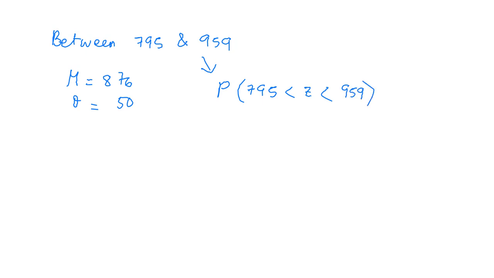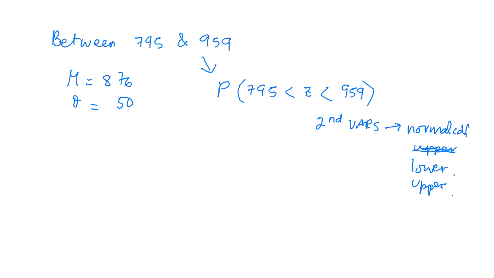Use the second vars, the normal PDF. Lower is 795, the upper is 959. Then don't forget to put your mean and standard deviation given.